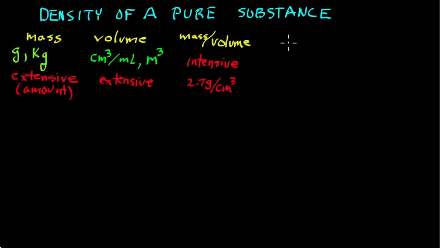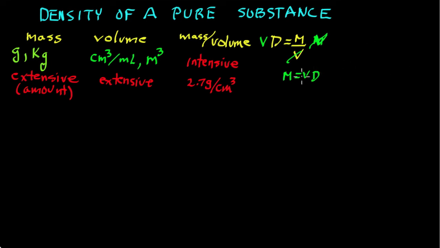Now, you're going to be asked to solve problems, and we can solve using an equation. That's the equation: density is mass per unit volume. If we want to solve for mass, let's do it this way: we multiply both sides by volume, and then we have mass equals volume times density.